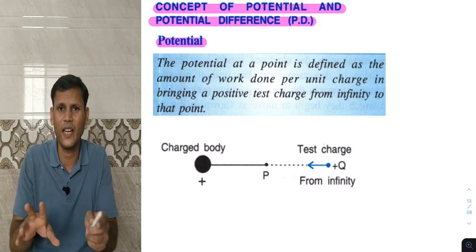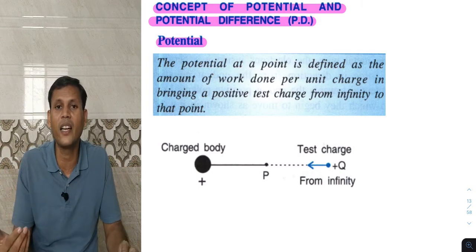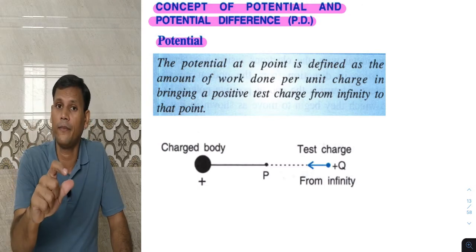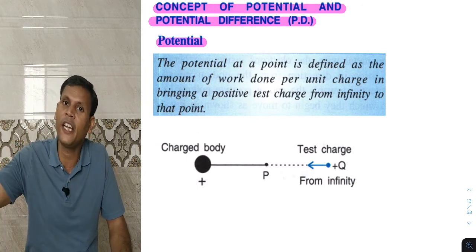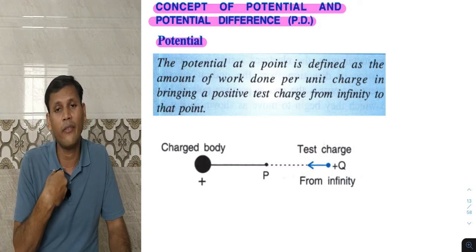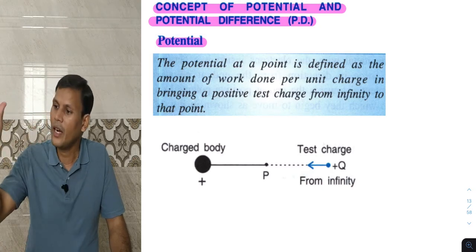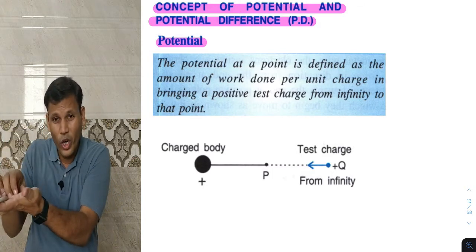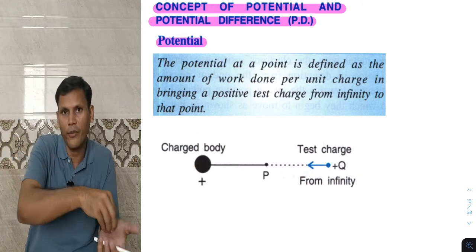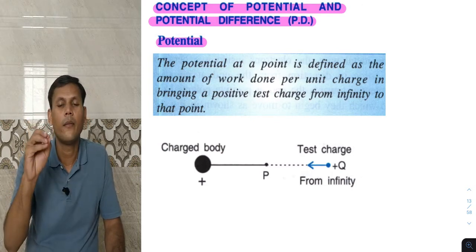The difference is there. Now try to understand it practically. If we have to bring a unit positive charge of 1 coulomb from infinity to a fixed point, then whatever work we have to do, that will be the potential. Bringing a unit charge from one point to another, we definitely have to do some work, and that is the electric potential.